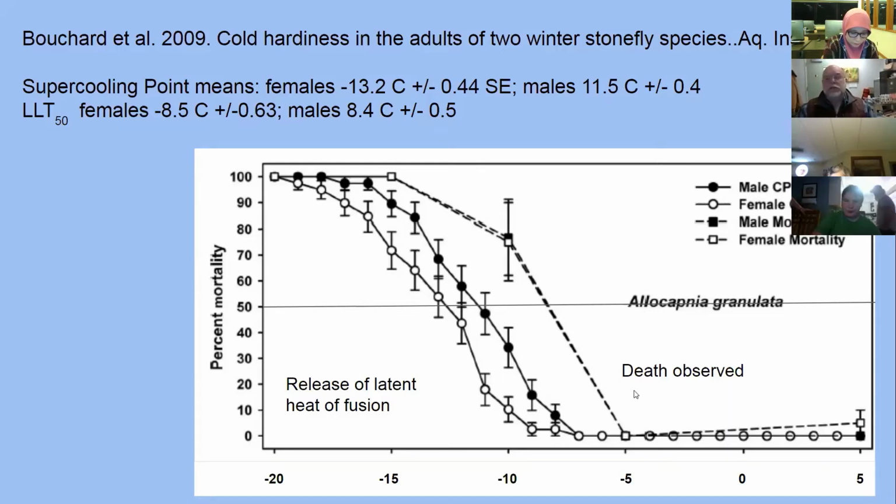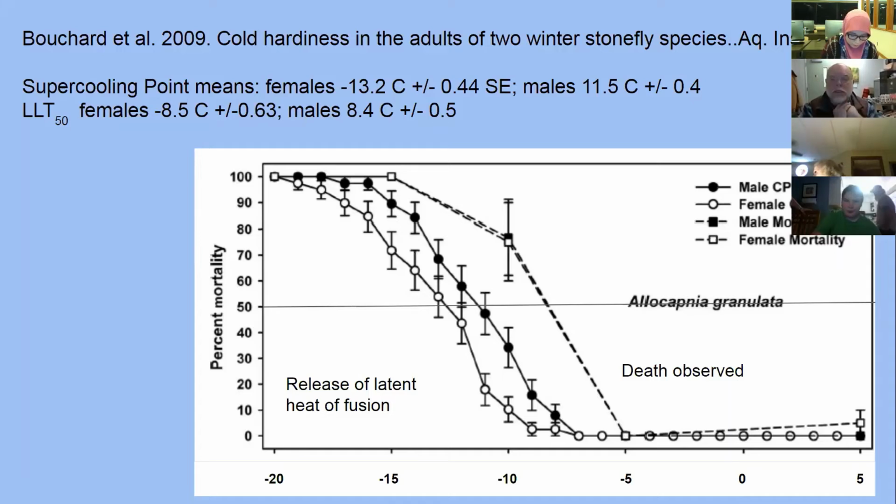But they have another means where they put them into containers and reduce the temperature to a certain point. Then they stop that, pull them out, dump them out, see if they recover. And so they did that at a number of temperatures. And when they did that, they could tell that death actually occurred before freezing took place.